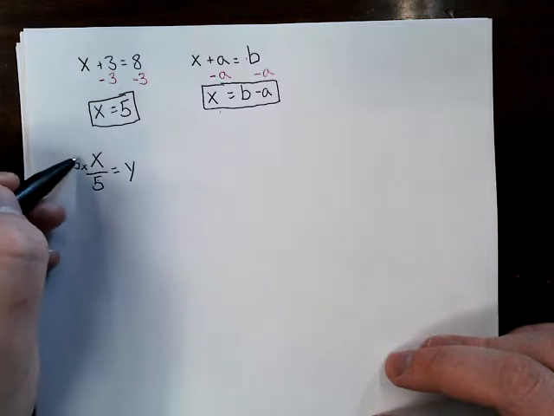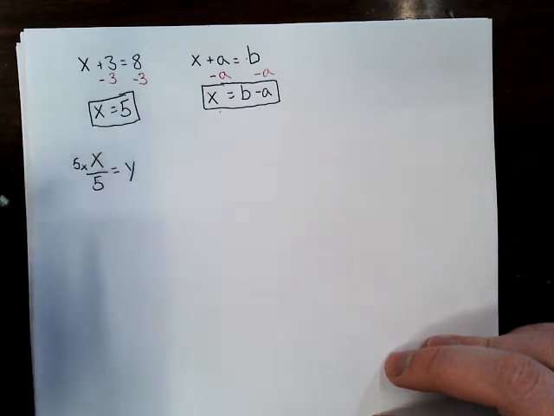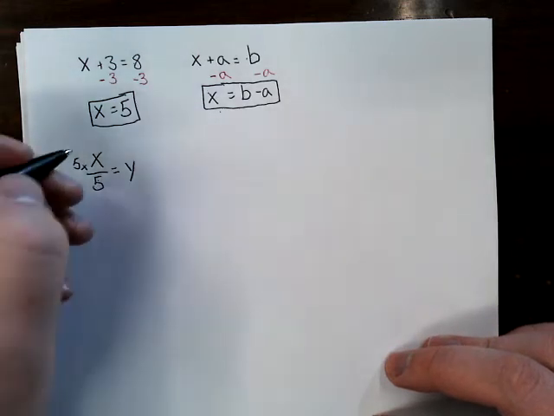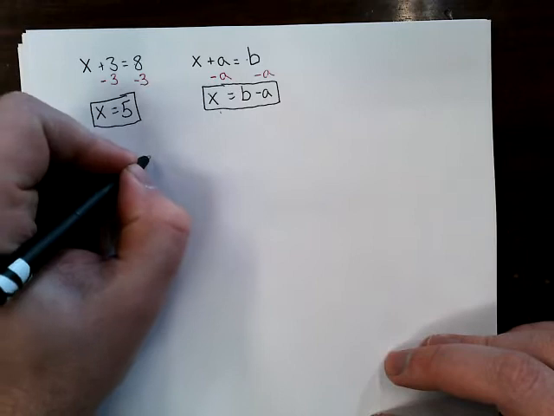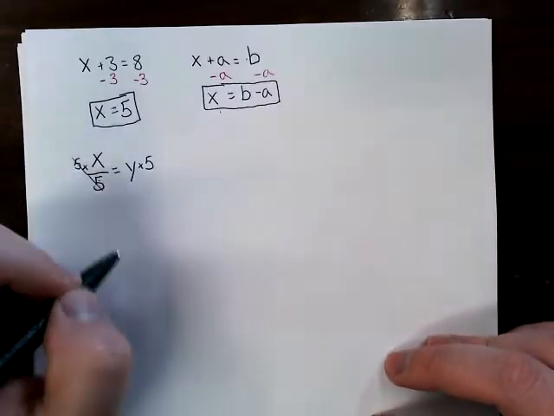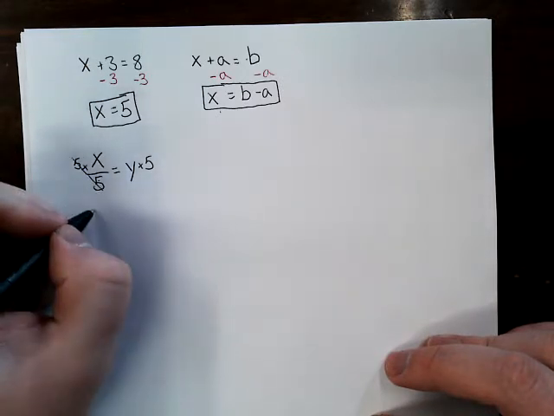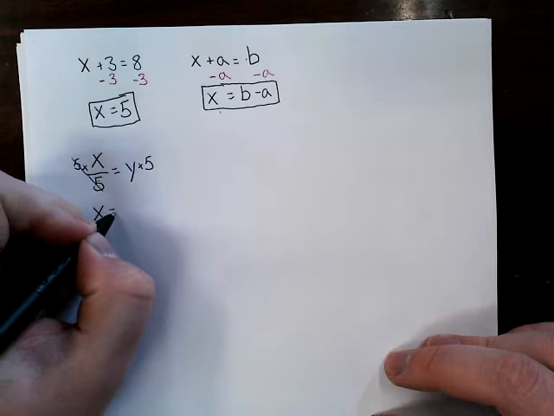However, if I multiply one side by 5, I must do the same thing to the other side because we want to keep our scales equal. So I'm going to multiply the other side by 5, leaving us with x, or 1x technically, but a lot of times in math we just drop the 1.